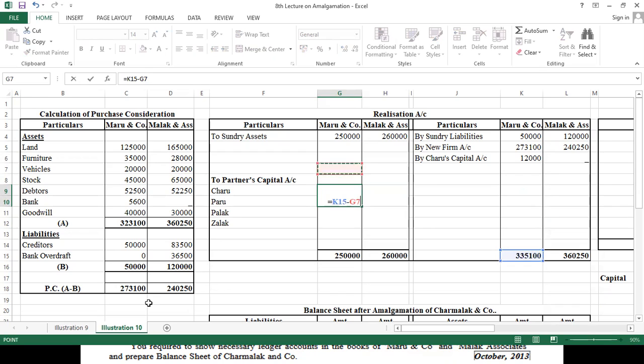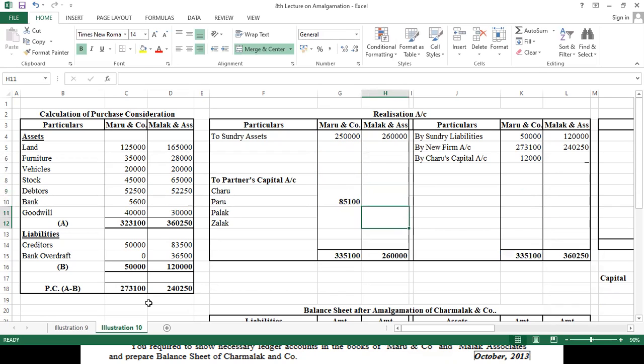This particular amount minus this thing. So we got 85,000, and here we got minus 260, so here we got 1 lakh 250.